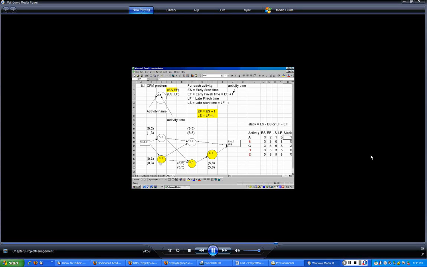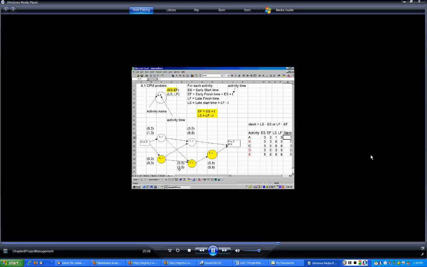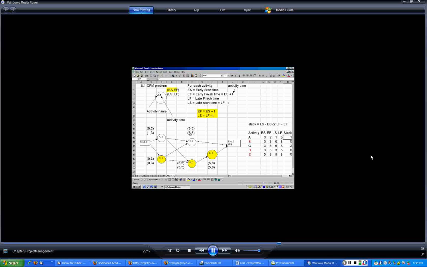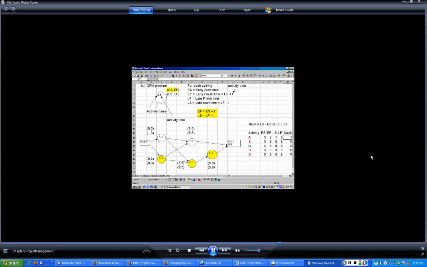What is the latest start for activity B? The latest start for activity C is 6 weeks, but the latest start for activity D is 3 weeks. If B is not done in 3 weeks, then the project would be delayed. So 6 is not possible, because definitely D would be delayed and the project would be delayed. We don't want that. So between 6 and 3 you choose 3.